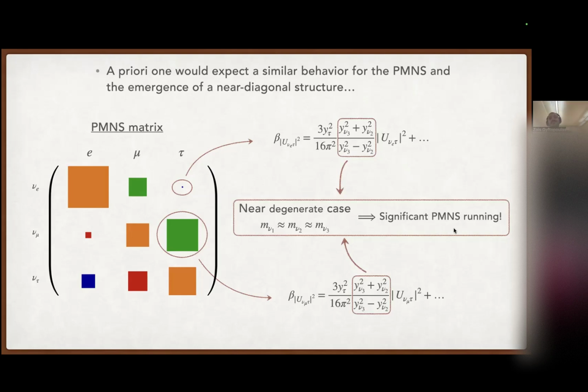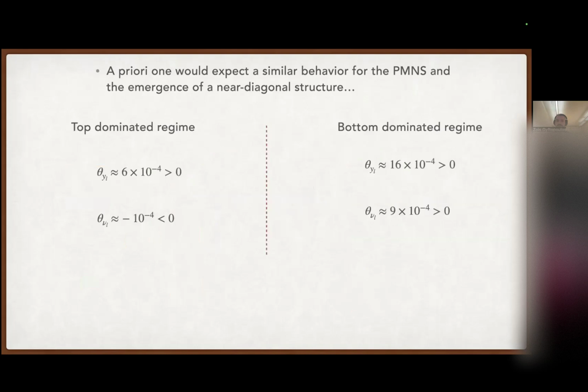And actually, the near degenerate case is exactly what we want to avoid if we don't want to have contradicting results. So here, how does this play out in our top-bottom cascade? Here you have a top-dominated regime where the neutrino Yukawa coupling has a critical exponent that is very small, but it is negative. And in the bottom-dominated regime, you have a neutrino Yukawa coupling with a critical exponent that now is positive.